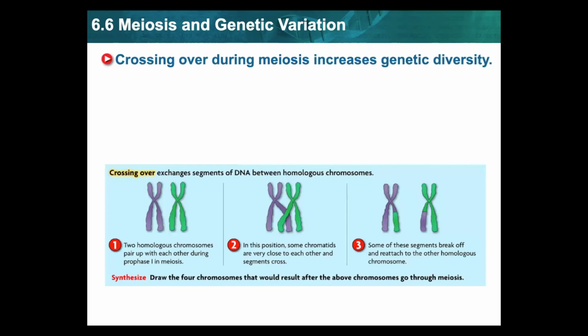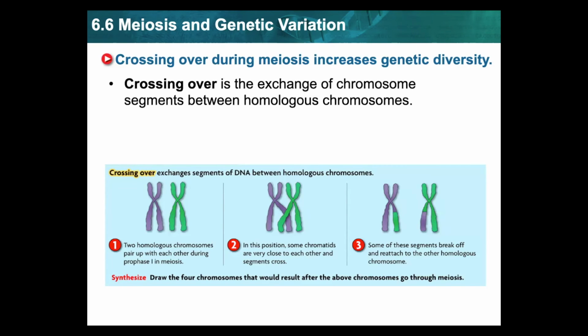Crossing over during meiosis. I mentioned this briefly in 6.3. So during meiosis, the chromosomes line up and they will exchange DNA. Crossing over is the exchange of chromosome segments between homologous chromosomes.